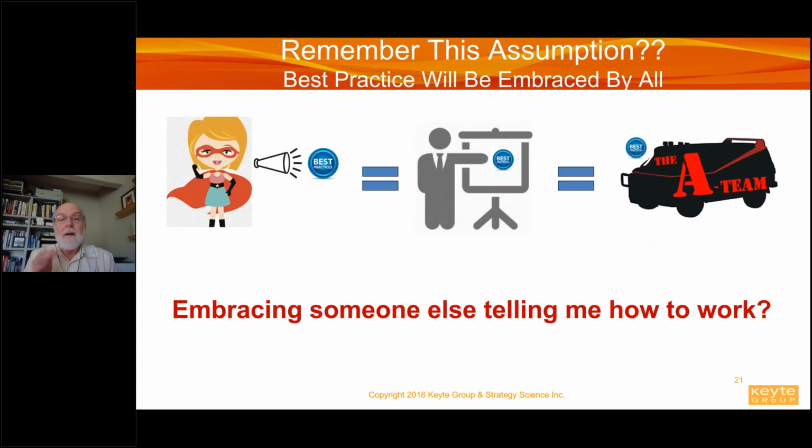So remember this assumption? Best practice will be embraced by all. Well, our best practice was never calling anything final when the A team left the room. Instead, the best practice was make sure you hear from everybody and modify your thinking.